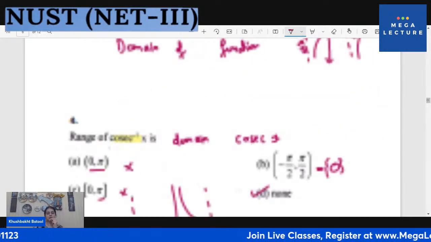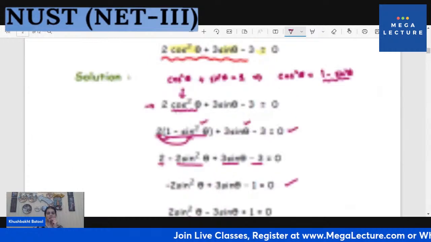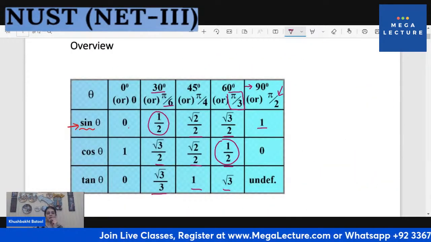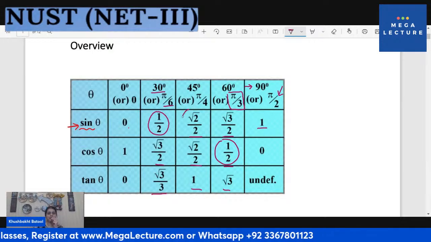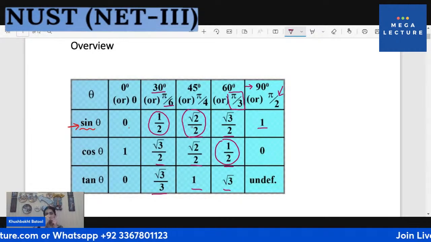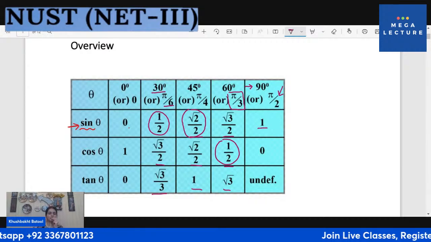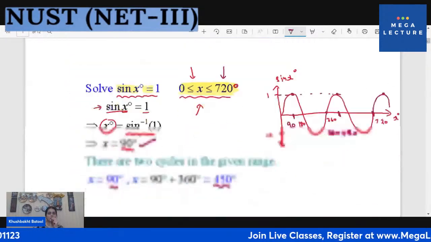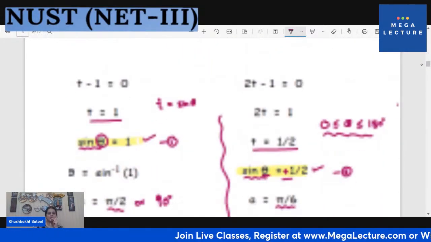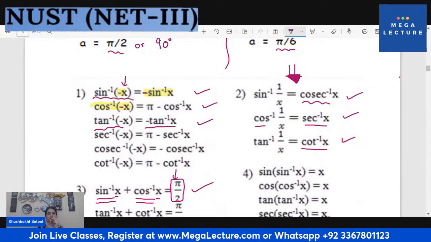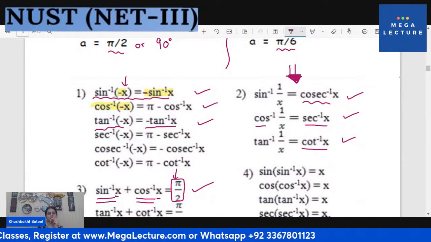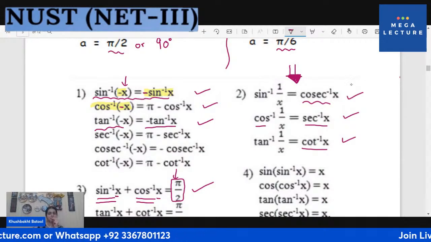Now I'll scroll up to the blue table in the very beginning, and I do not have sine minus root 2 by 2. I only have sine as root 2 by 2. So what am I going to use here? I need to use this property. Again, this is the important one, that whenever you have sine inverse of minus x, that is same as minus sine inverse of x.